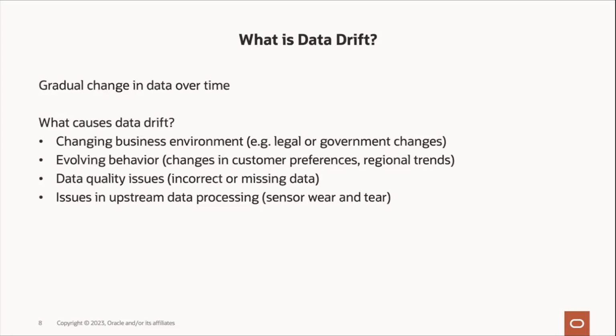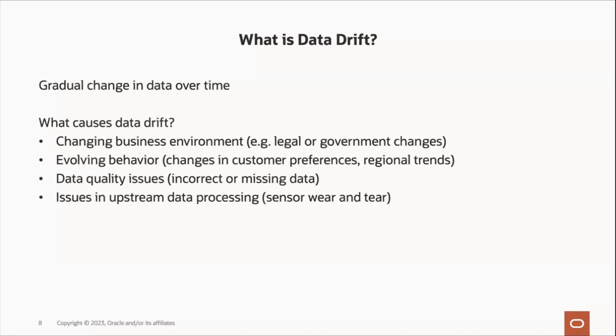Looking at some of the main reasons this could happen, maybe you have a changing business environment, you have legal or government or economic changes happening. Evolving behavior is a huge reason for data drift. People are always latching onto some new trend, some new fashion, new food, new form of entertainment. That's always changing. So what people prefer is really dynamic.